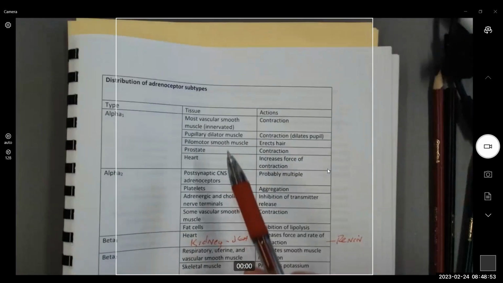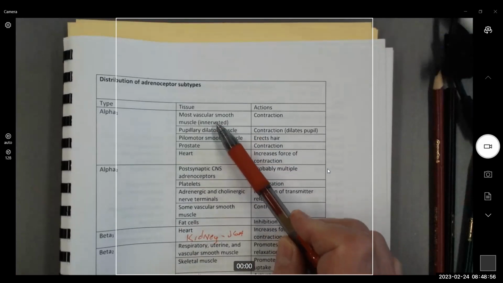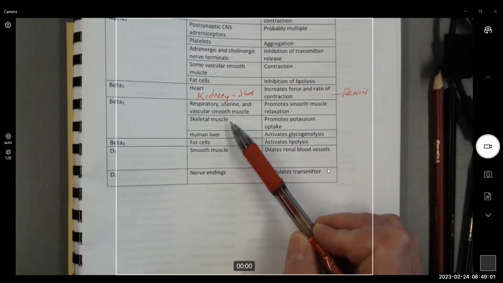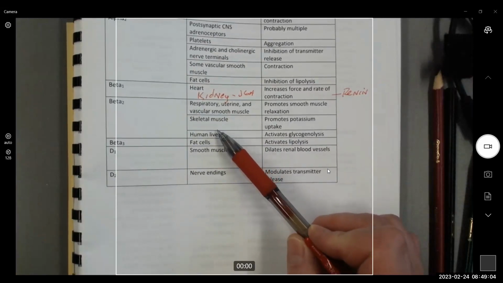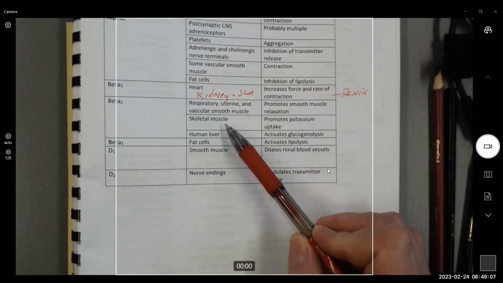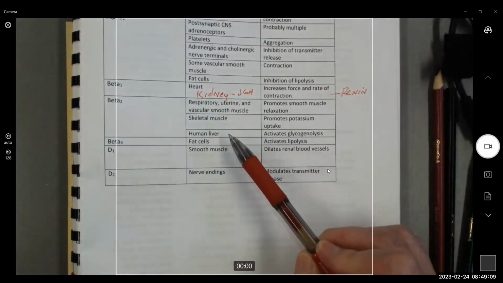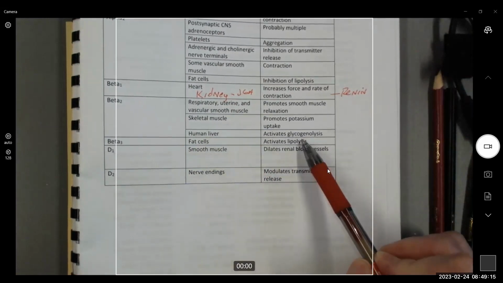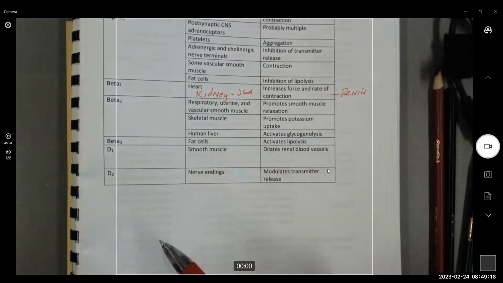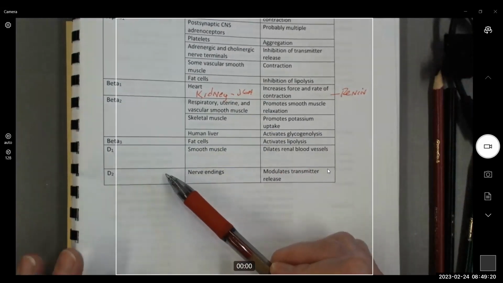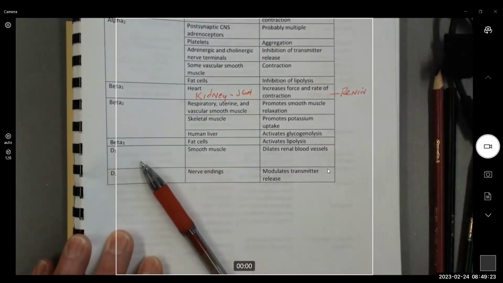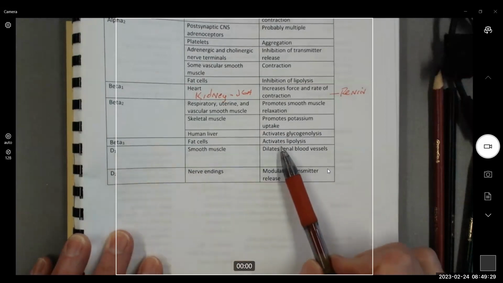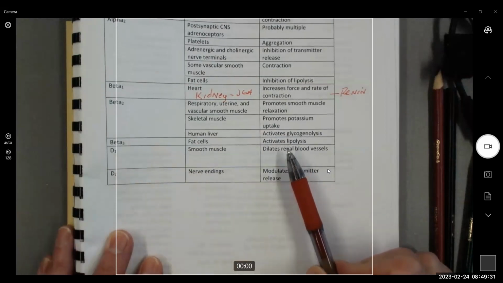You're getting vasoconstriction in other places and vasodilation in smooth muscles in the vessels that serve your skeletal muscles. They're also found in the liver, where they activate the breakdown of glycogen. There are also beta-3 receptors found in fat cells. They activate the degradation of fat.